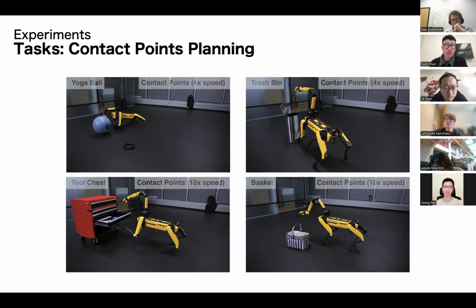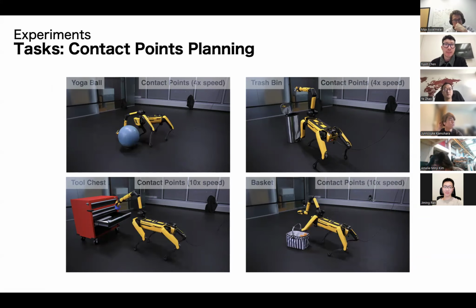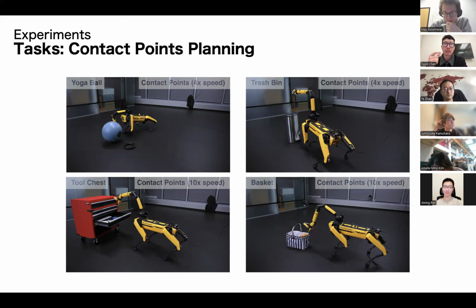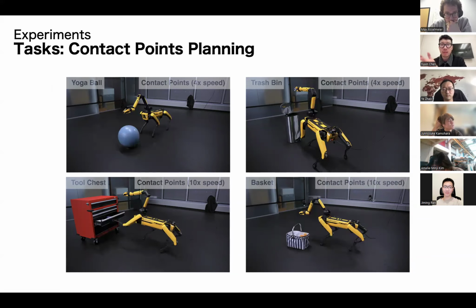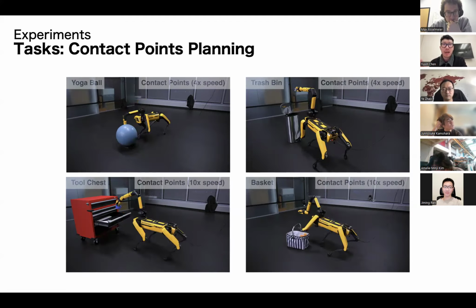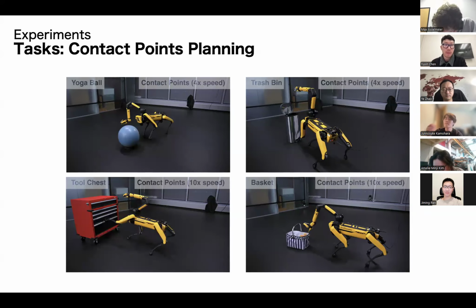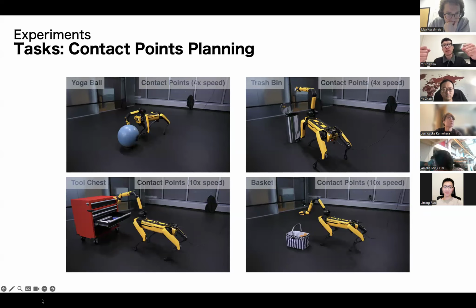And we didn't show GPT here because right now we can't let it generate those fine-grained sequences of contact points. As you mentioned, it involves spatial reasoning, and right now GPT is not capable of that. So for the GPT demo, we only showed the yoga ball and the tool chest. In that case, a single contact or one shot is enough. Once you have contact, you lift it up, it's fine.